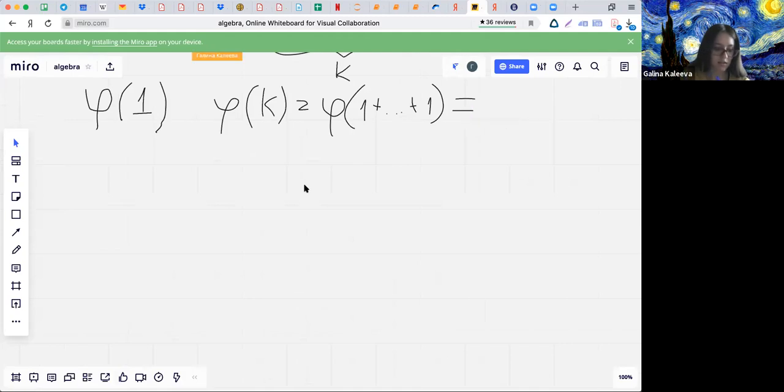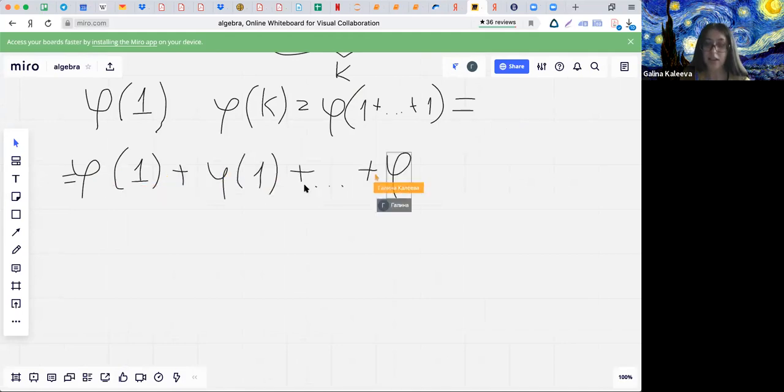This is phi of 1 plus phi of 1 plus etc. plus phi of 1, k times, okay? So we see that knowing the image of 1, we know the image of every element in our group of integer numbers.